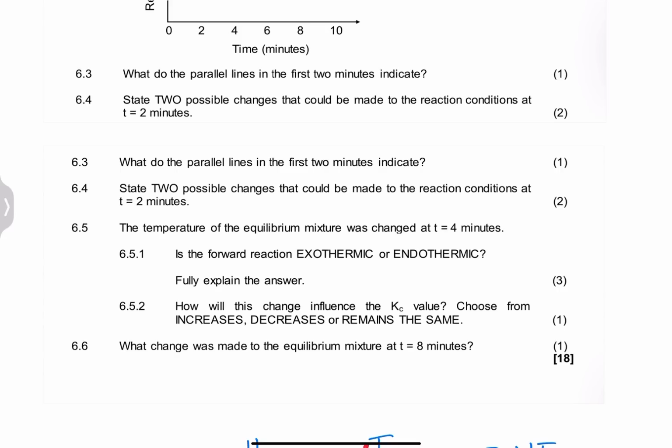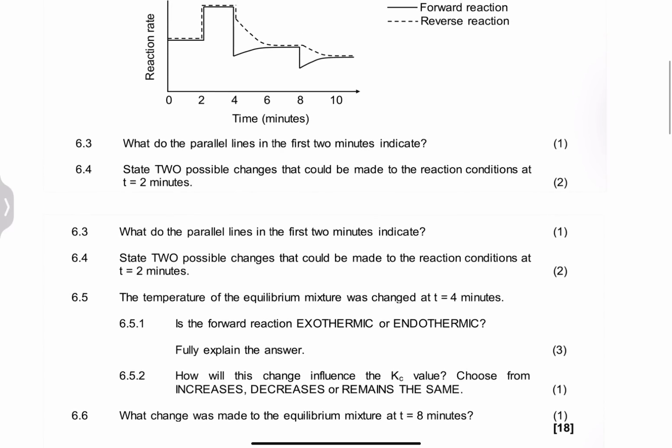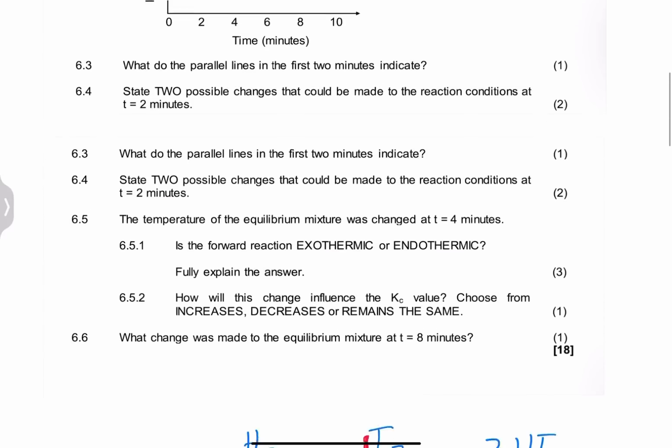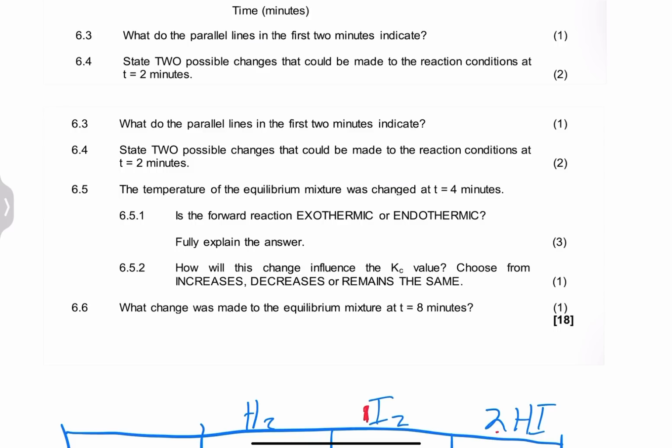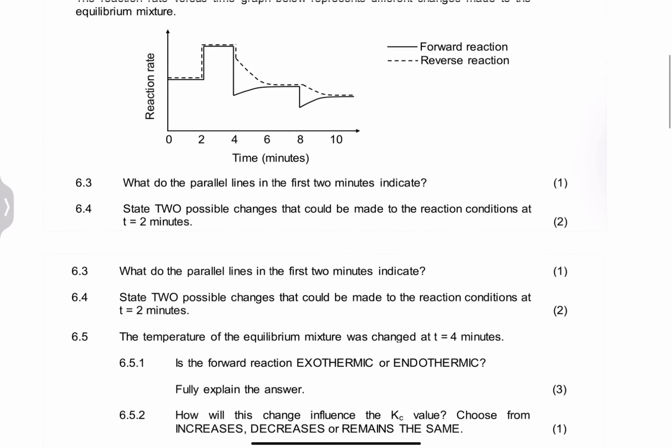Right. So let's explain now. We did say it's endothermic, right? They say fully explain the answer. So we know it's going to be endothermic. And when we fully explain in this case, we're going to simply state that a decrease in temperature will always favor the exothermic reaction, all right?